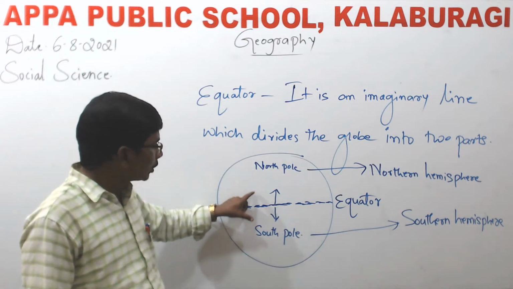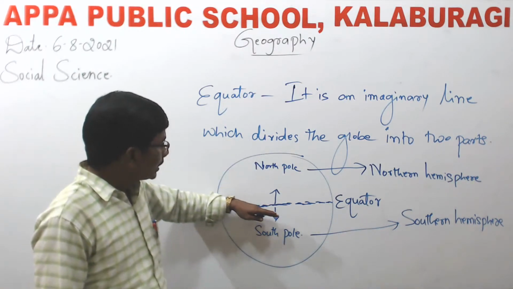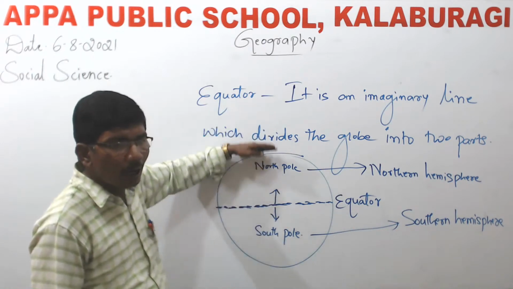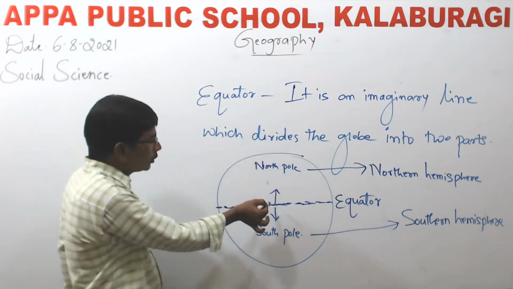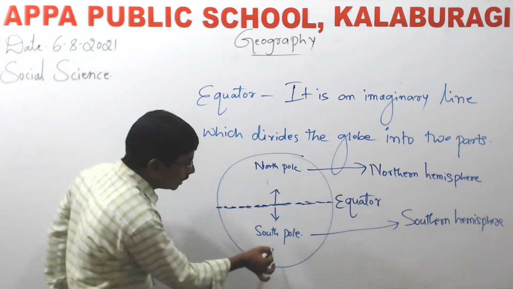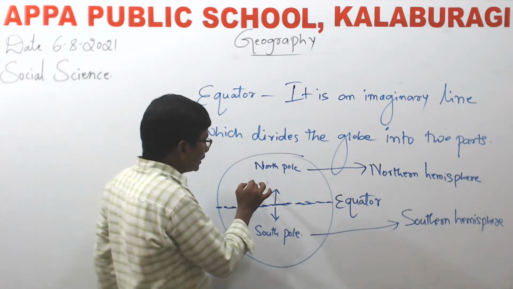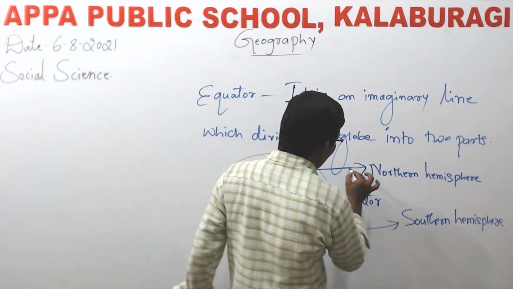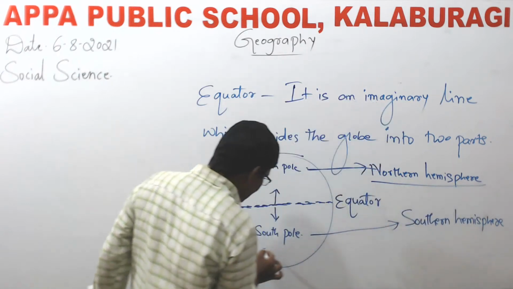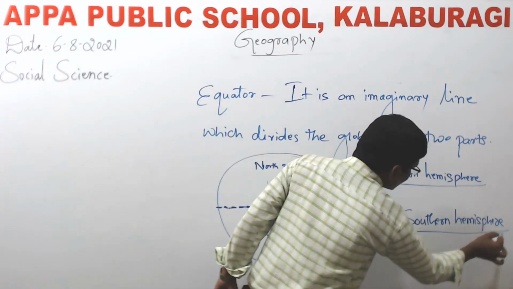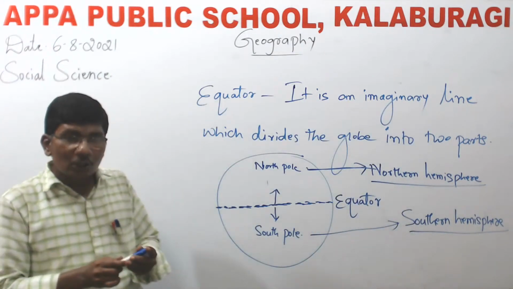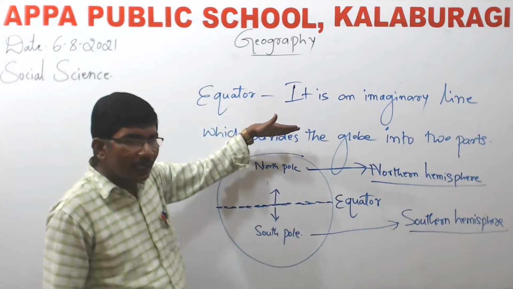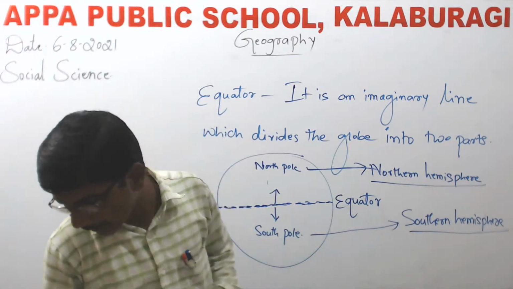Equator divides the globe into two parts. This hemisphere in the North Pole direction is called Northern Hemisphere and this is called Southern Hemisphere. Got it, children? The globe is divided into two parts, Northern Hemisphere and Southern Hemisphere.